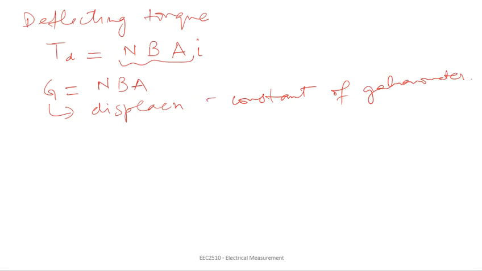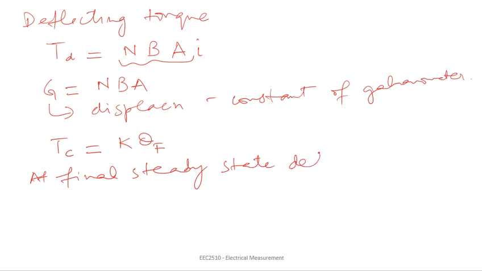And the controlling torque is exerted by the suspension present in the assembly at the deflection. It is represented as TC, where C stands for controlling torque. It can be written as K times theta f, where K is the spring constant and theta f is the final deflection. At final steady state deflection, obviously the deflecting torque should be equal to the controlling torque.